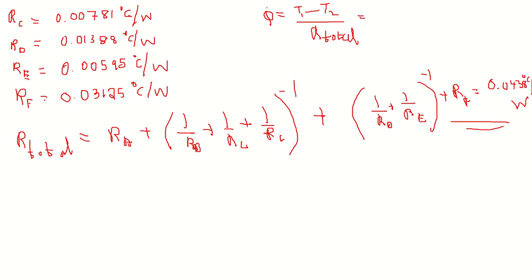T1 I know, T2 I know, 300 minus 100 over R total also I know, it is 0.0438 degrees Celsius per watt. So with that I will get that flow rate was 4.56 kilowatt. This is for the cross section of 0.12 multiplied by 8.